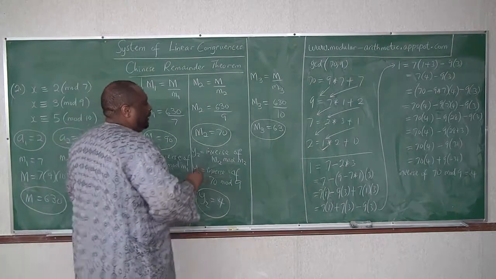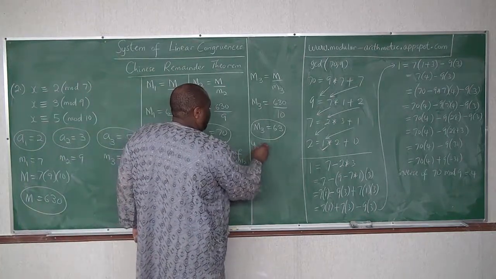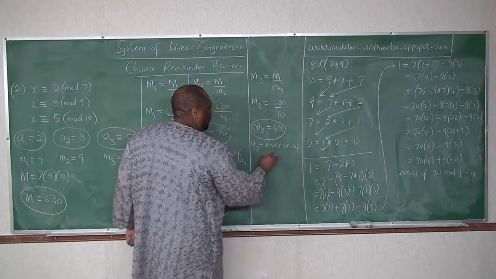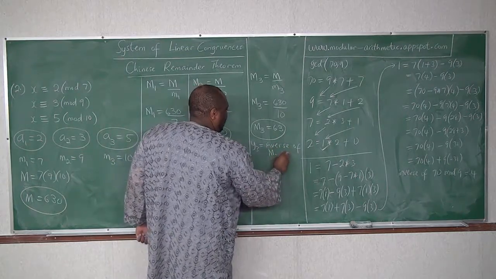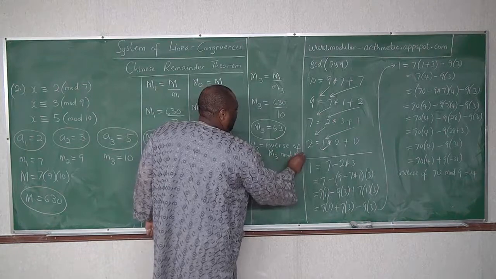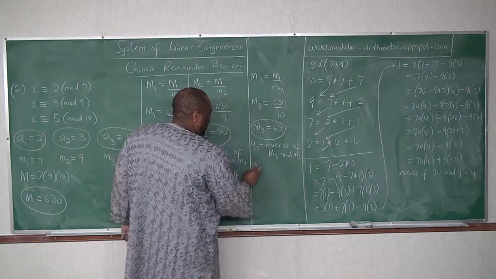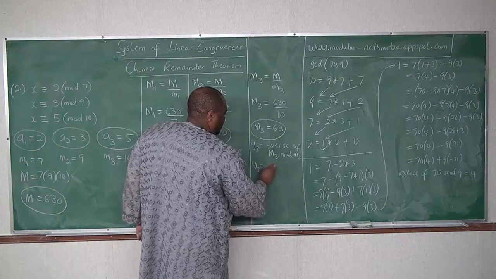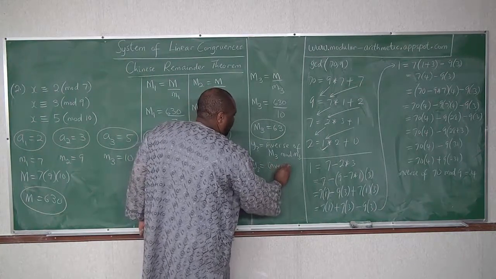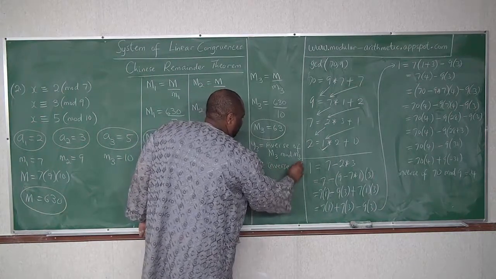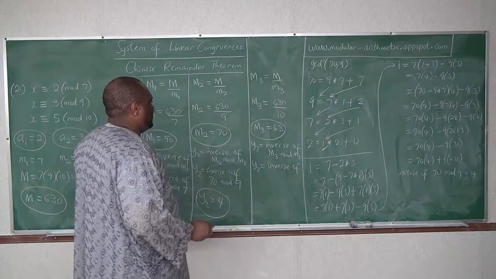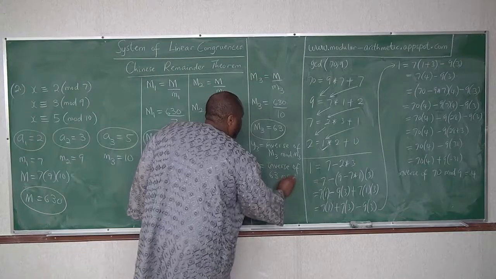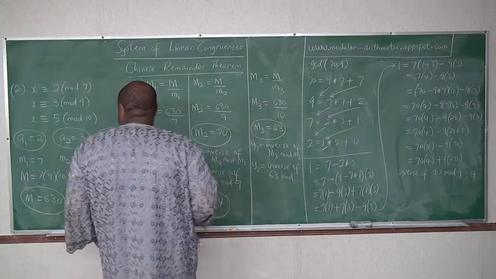Now, y3 will be the inverse of m3 mod n3. So y3 is the inverse of 63 mod 10.